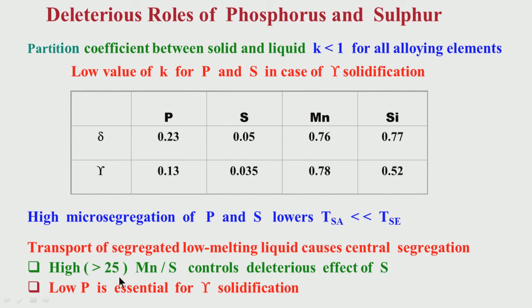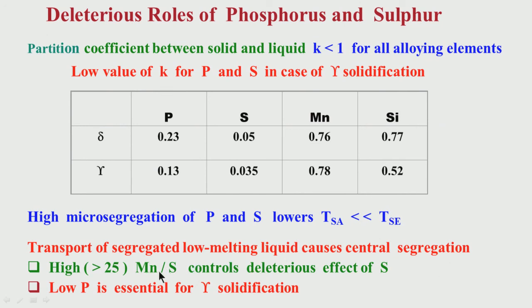And I have also mentioned that the harmful effect of sulfur can be taken care of to a certain extent by using higher manganese in steel. So, say if you have 0.02 sulfur in steel, what should be the minimum manganese percentage? 0.02 into 25, that means 0.5. So, normally we must have 0.5% manganese, so that the deleterious effect of 0.02% sulfur is taken care of to a large extent by manganese.